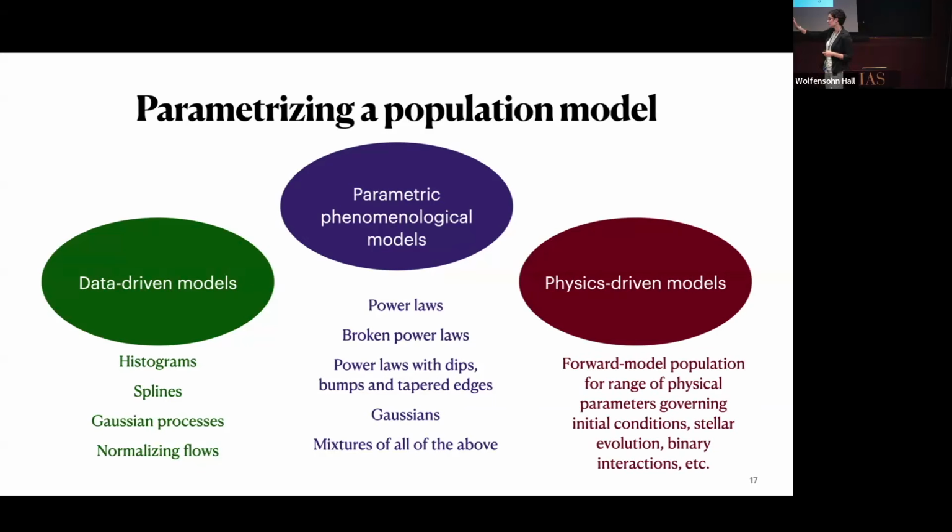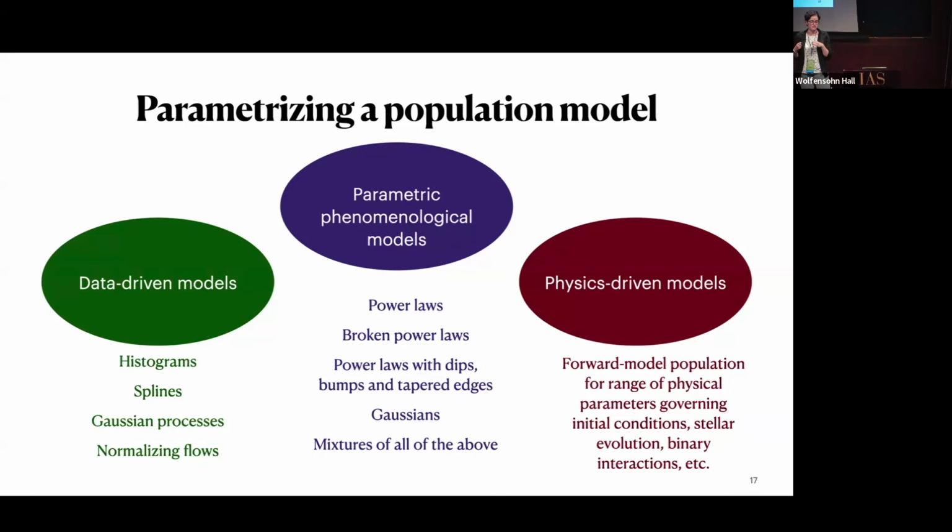And then you could go to the other extreme, which is physics-driven models. So these are things where you have some physical parameters that describe your population, and by tomorrow we'll have a better sense of what those physical parameters are. But these are things like the initial mass function of stars, parameters describing stellar evolution, like nuclear reaction rates in stellar cores, binary interactions.